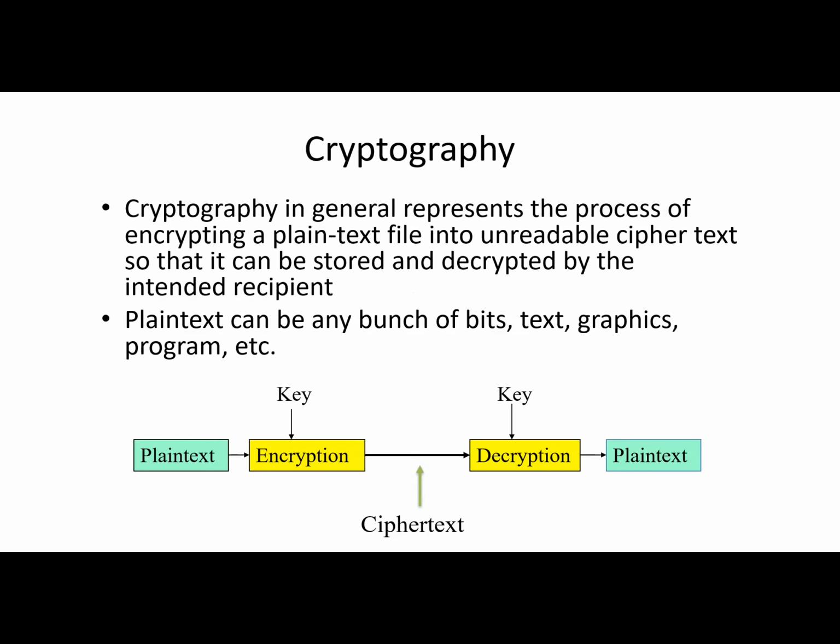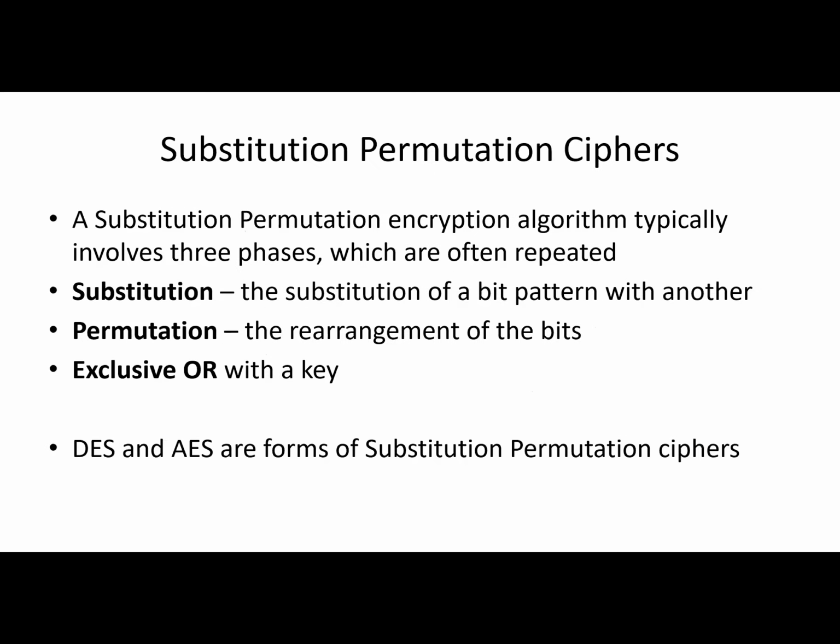And then you do something with it, either put it on your disk or you send it across the network, whatever you like. And at some point, you probably want to decrypt it using a key, and then you decrypt it, and you should get the exact same plain text as when you started with. So the purpose is to convert it to this undecipherable ciphertext in the middle. Well, undecipherable unless you have the proper key to decipher it.